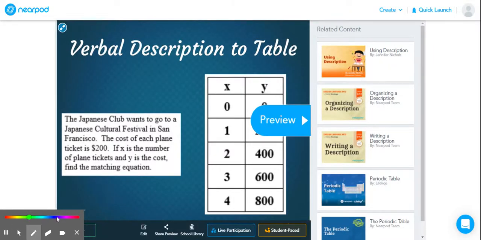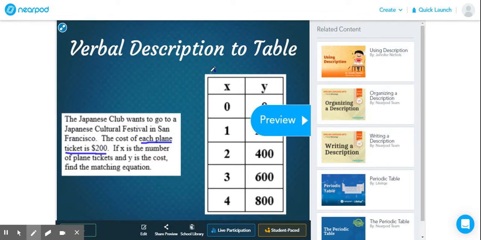I see here essentially the cost of each plane ticket is $200, and there's no other cost within this story. So this story has a rate of change, but no constant value. We have this multiplicative relationship, meaning $200 for every plane ticket.